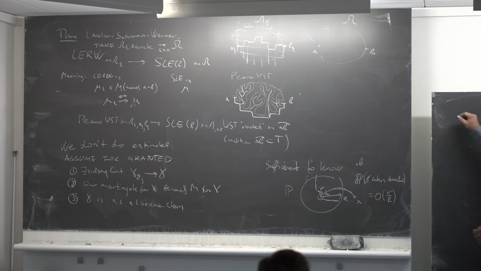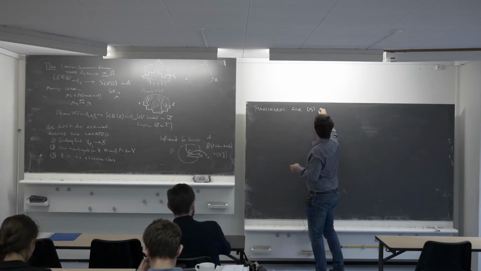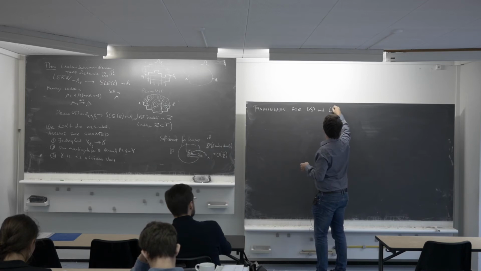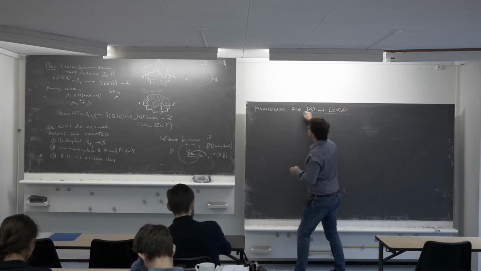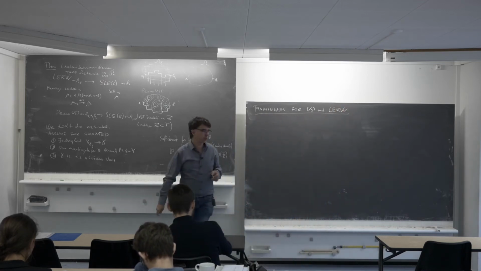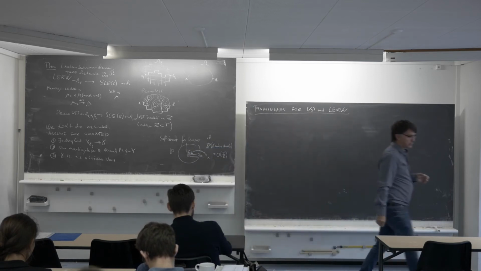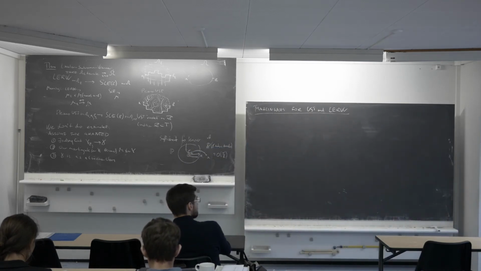Now the martingales for UST and loop erased random walk. The easiest one is for loop erased random walk, and it's sort of cheating in a sense.